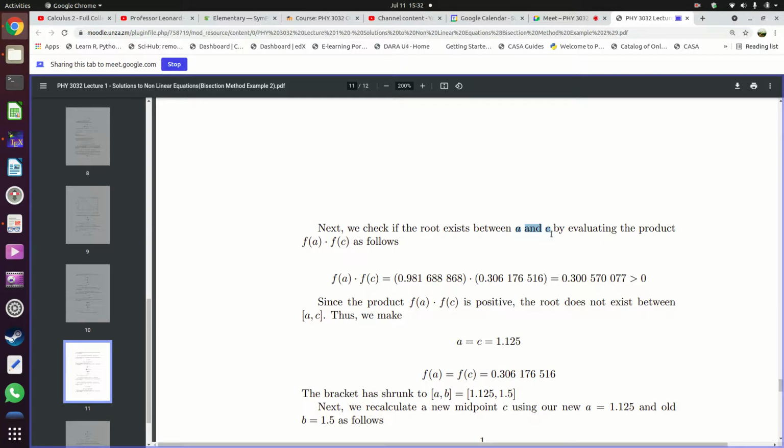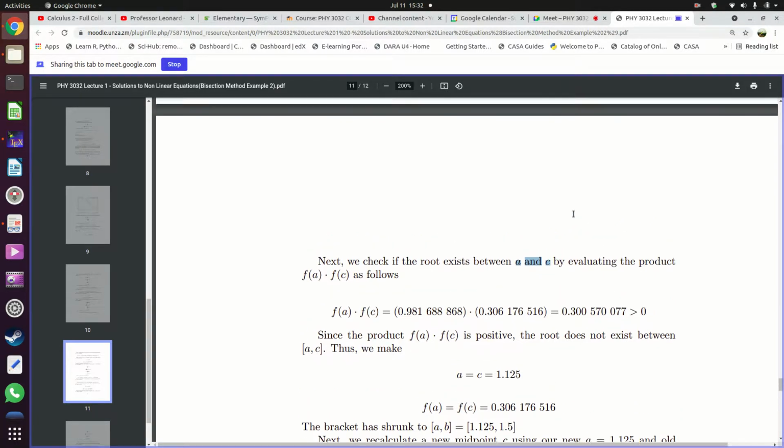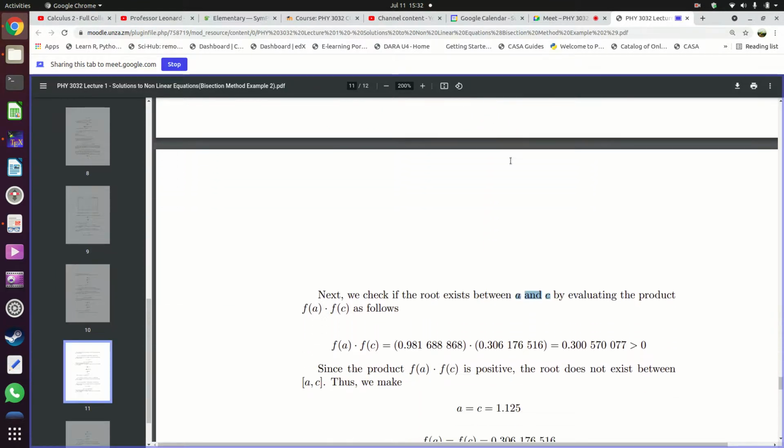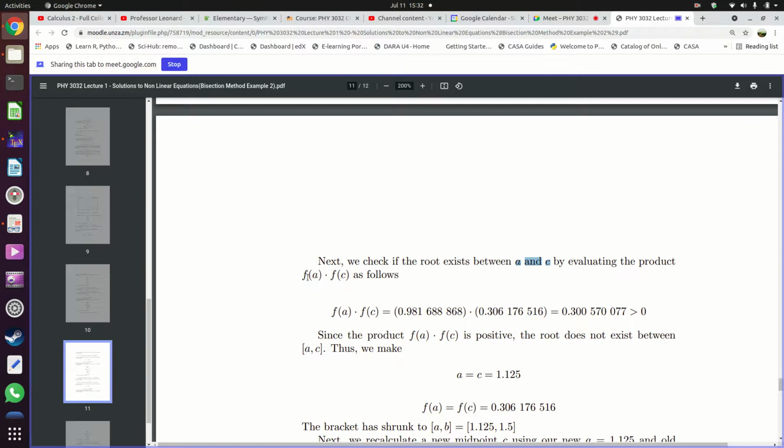Our C is what we have just found here, 1.125. So at our C and our A, we work out the product, f of A times f of C. f of A is positive, and f of C is also a positive value.